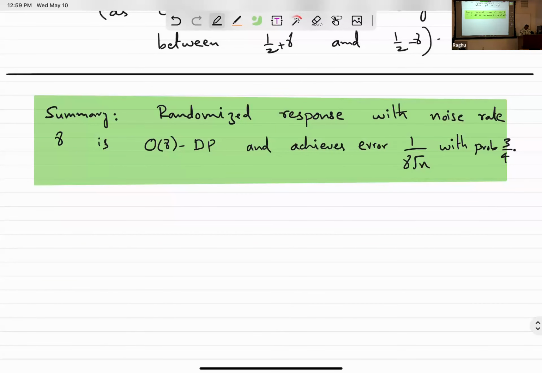So let me rewrite the same thing here. In some sense, what randomized response is saying is, suppose I want epsilon differential privacy, and my answer to have error less than or equal to some alpha. Suppose I want privacy 0.01, and I want my error to also be like 0.1.